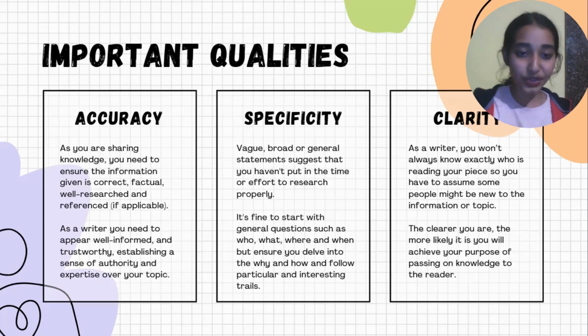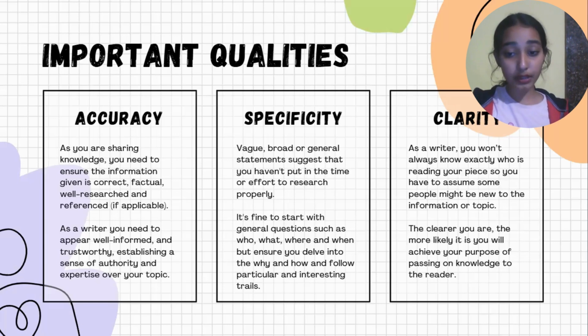As you're sharing the knowledge, your accuracy matters a lot. You need to ensure that the information is correct, because it needs to be a fact. If it's fake, it's not going to look like an informative text. It will just be fiction.